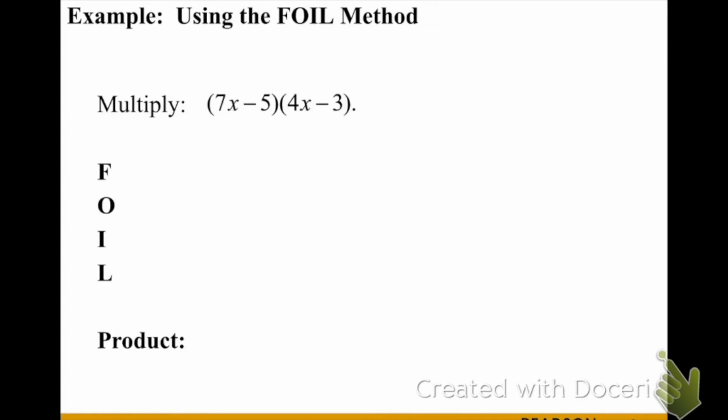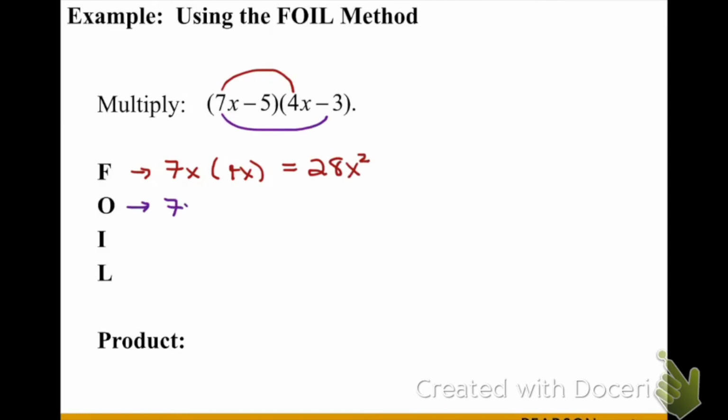So to illustrate this, let's say we're trying to multiply 7x minus 5 times 4x minus 3. We're going to start by taking the first terms, the 7x times 4x, which will give us 28x squared. We're then going to multiply the outside terms, the 7x times the -3, which will give us -21x.